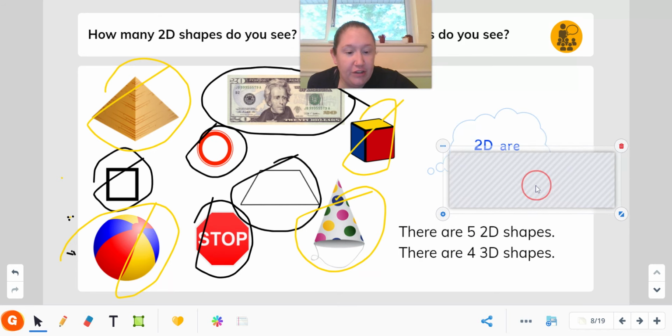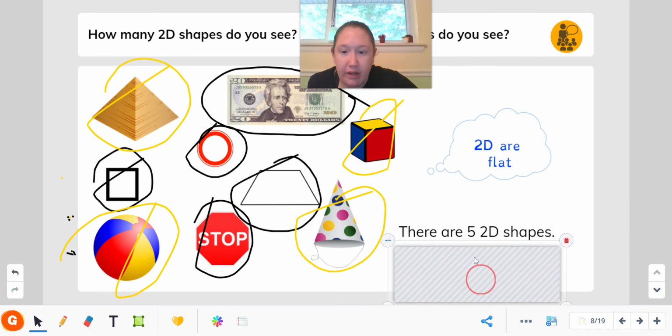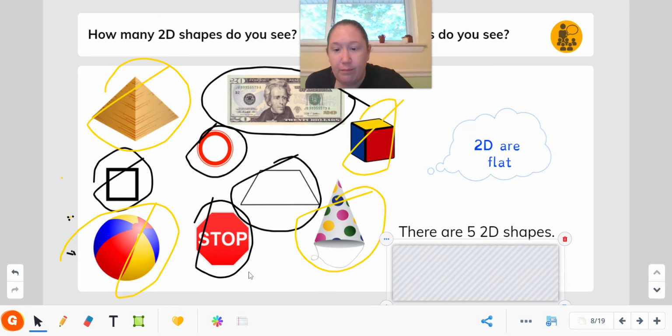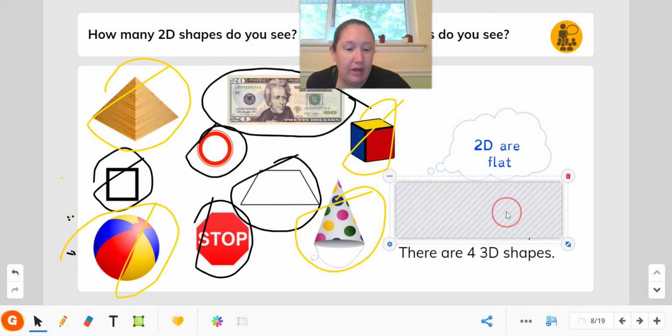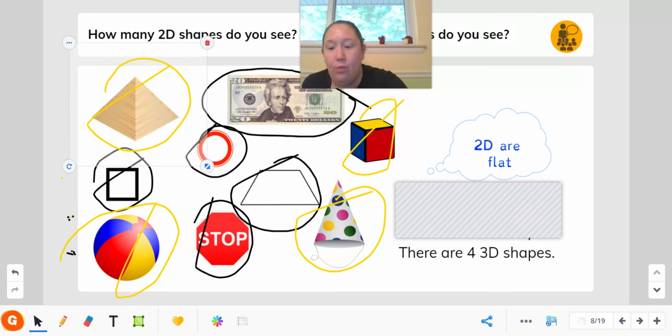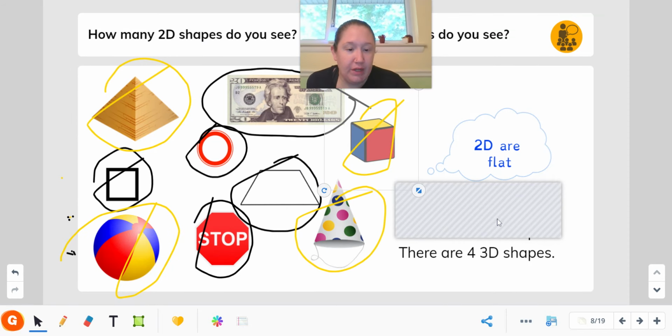Let's double check. 2D, we circled in black. 1, 2, 3, 4, 5. 5. How many 3D shapes? Let's count. 1, 2, 3, 4 3D shapes. Nice job, guys.